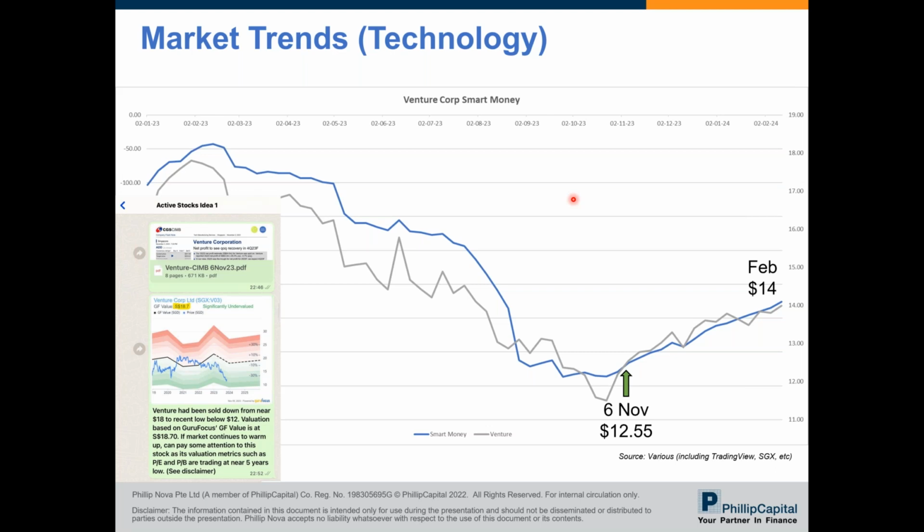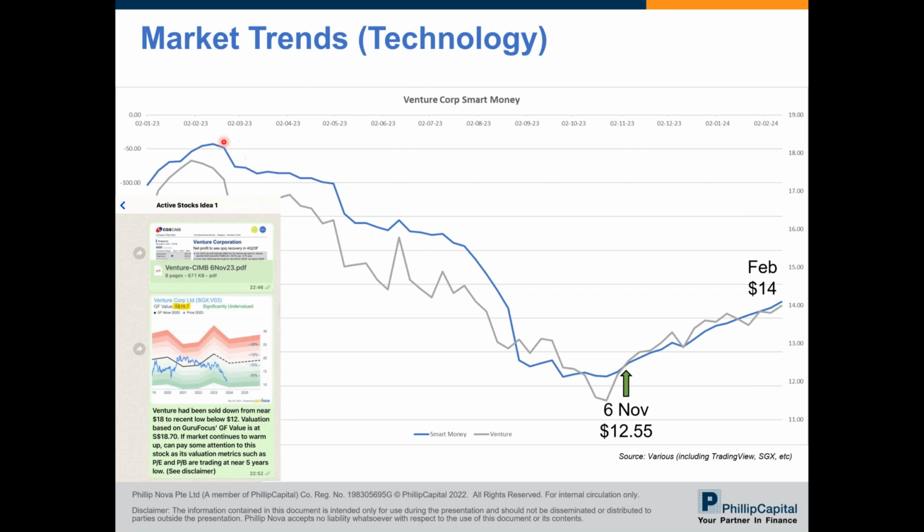So take for example Venture. This is a smart money chart on Venture Corp. Venture Corp is one of the 30 STI stocks, one of the blue chips, and the only STI stock that is in the tech sector. Since early 2023, Venture hasn't been doing so well.